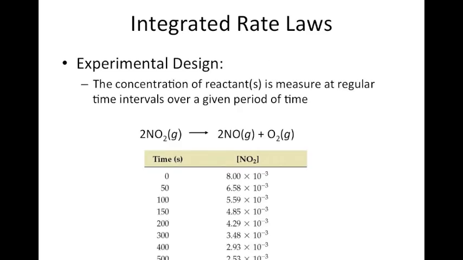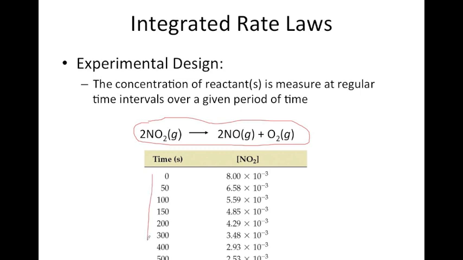So when we're studying kinetics, we generally look at the change in concentration versus time, and a sample experiment might look like this. If we study this particular experiment or any chemical reaction, we might want to measure the change in concentration of our reactant over time.